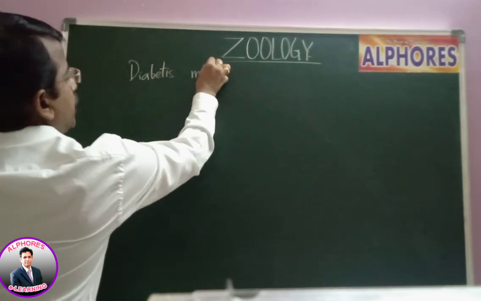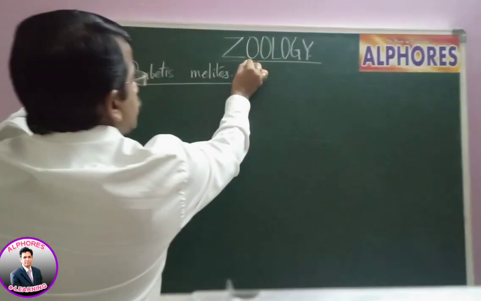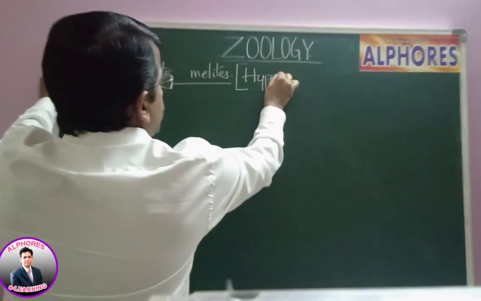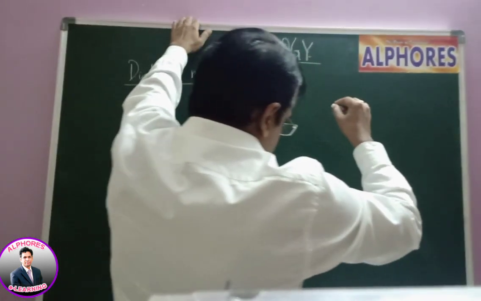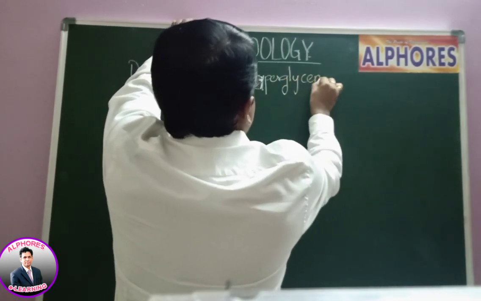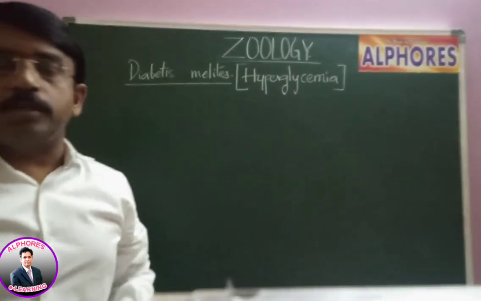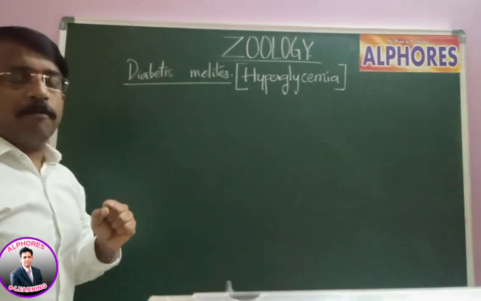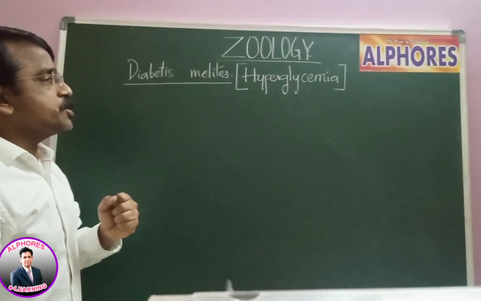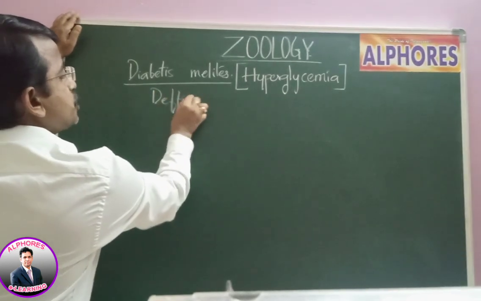Diabetes mellitus is considered to be hyperglycemia. Generally, diabetes mellitus refers to the sweet, and it is due to deficiency of insulin.